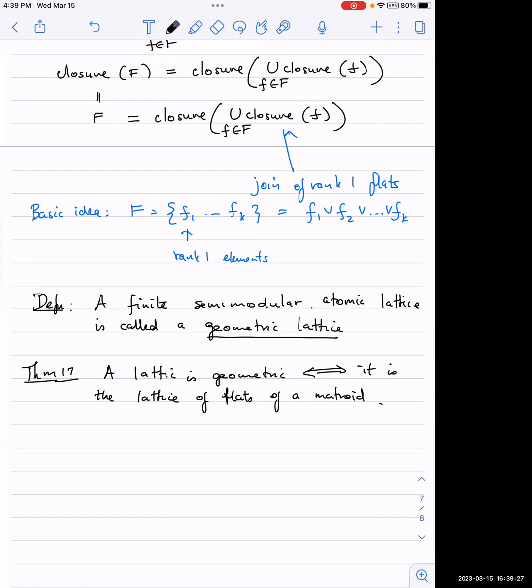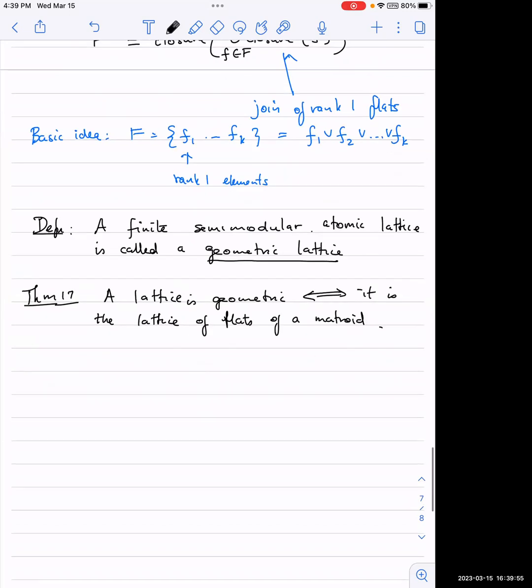And this differs a little bit from the graphic perspective on matroids, as we called it, and coordinatizing matroids over finite fields and getting that big class of what we call representable matroids. This is slightly different in the sense that a geometric lattice is a matroid. It's not a subclass of matroids. It actually is a matroid.